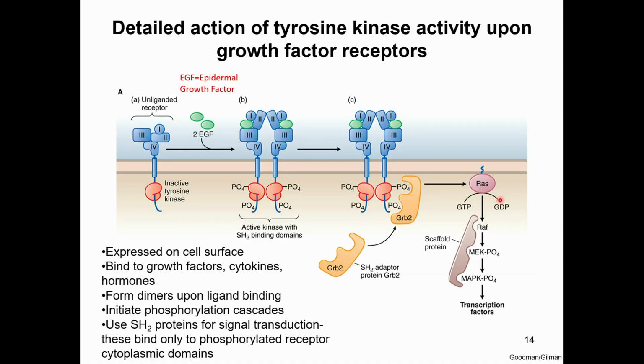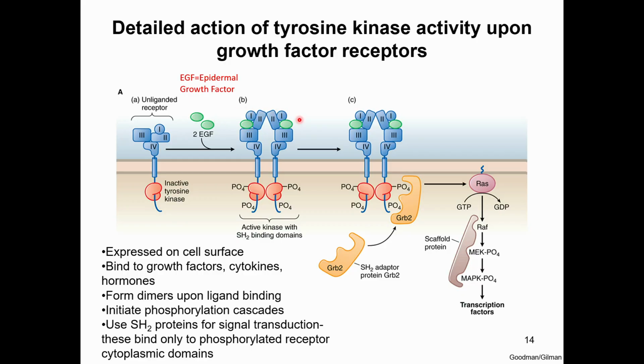So here's a real detailed example of this, and we'll use epidermal growth factor, EGF. So here's the unliganded receptor, the inactive tyrosine kinase activity of the C-terminal or the cytoplasmic region. And it takes two EGF growth factors to get this thing activated.